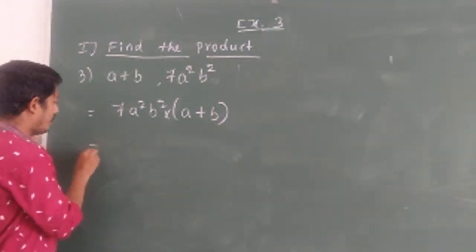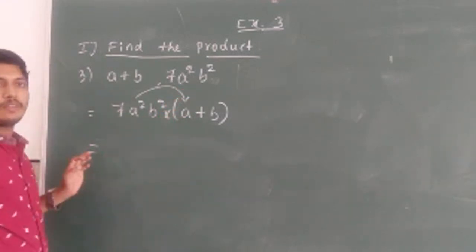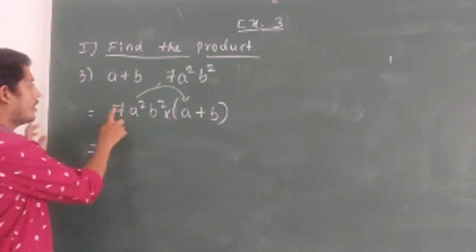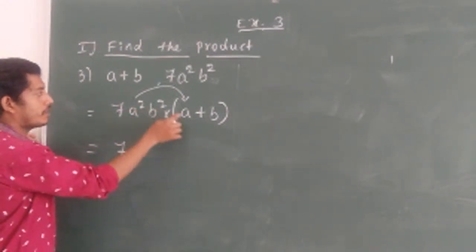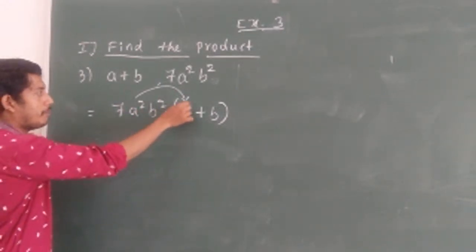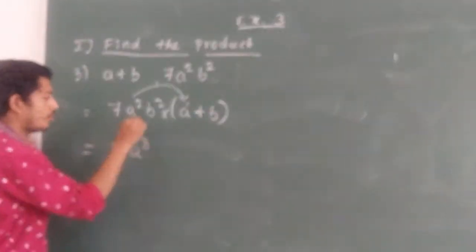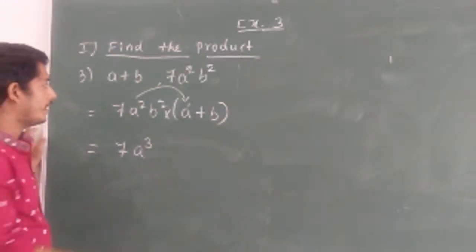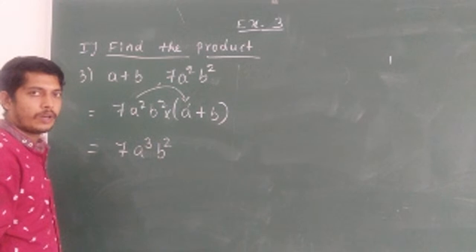So first we multiply the sign, plus into plus, plus. 7 into 1, 7. Then a square, here a is present, a means a raised to 1, so it becomes a raised to 3, that means a cube. Then b square, there is no b term to combine with, so it remains b square.